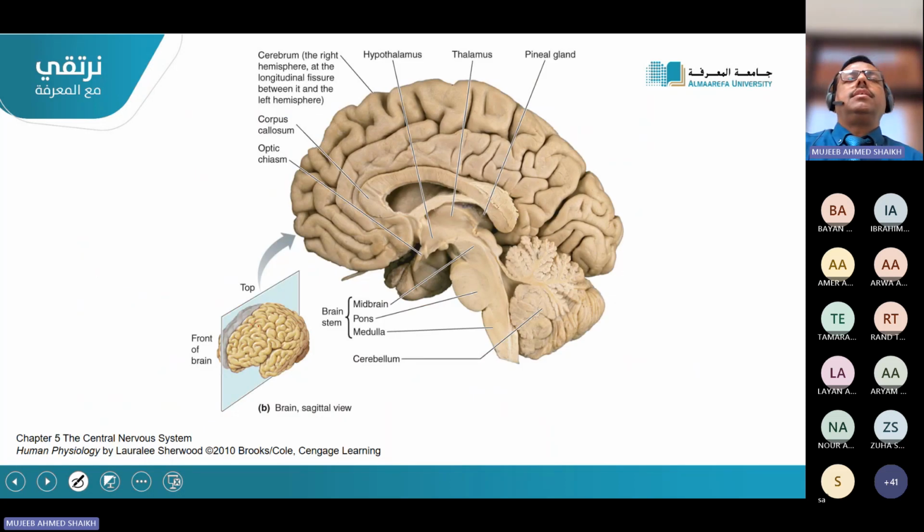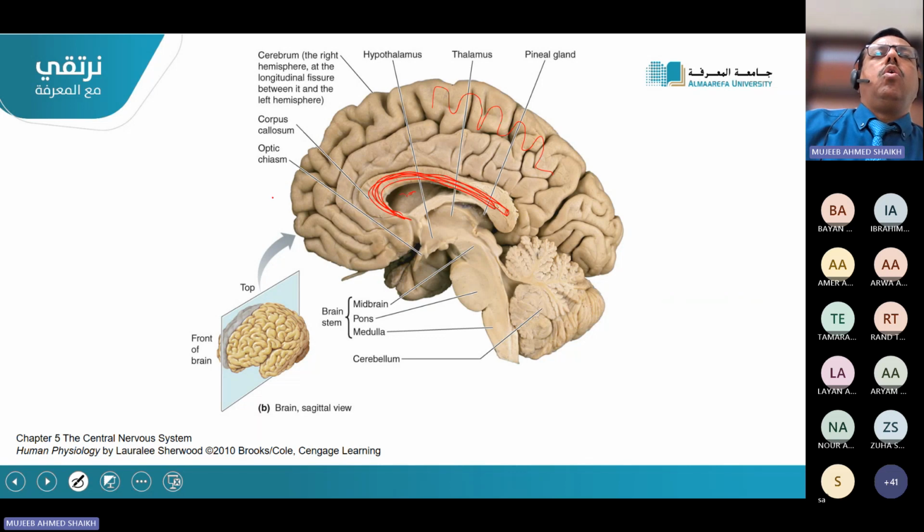This is the cut section, a sagittal section, which cuts the brain into two halves. You will see that this is the cortex, which is folded into different sulci and gyri. And this area we were talking about is the corpus callosum, the area connecting the two cerebral hemispheres.